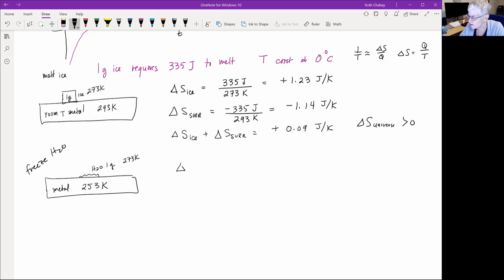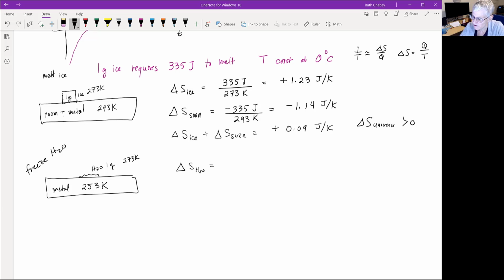We can calculate the change in entropy of the water. Well, it requires an input of 335 joules to melt a gram of ice, so we have to take 335 joules out to freeze a gram of water.